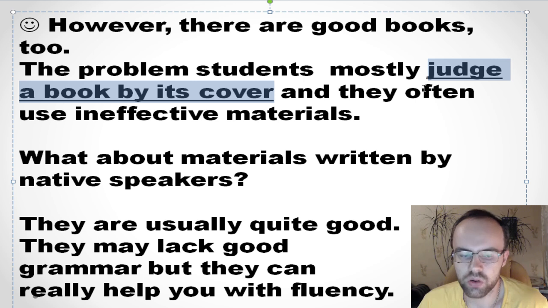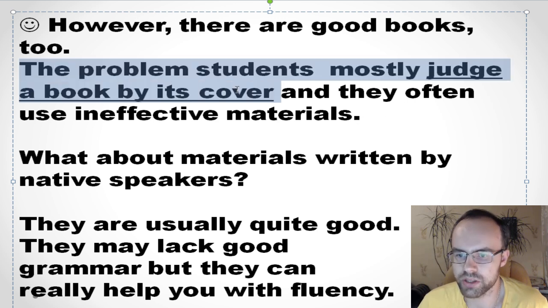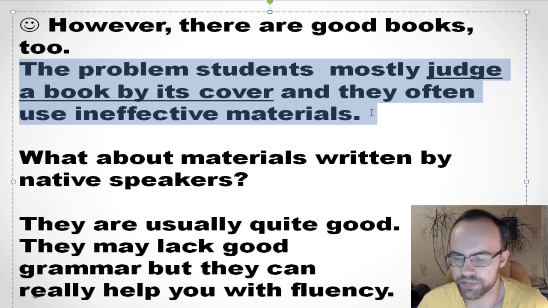Only later they realize maybe that this book isn't so effective, and they often use ineffective material. So it's very difficult to choose the right book or the best book for them.